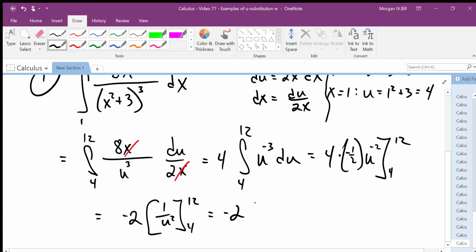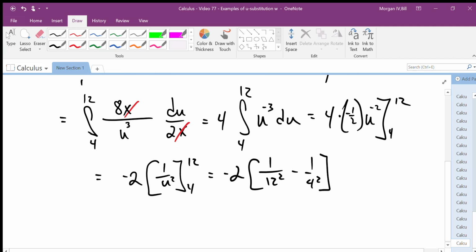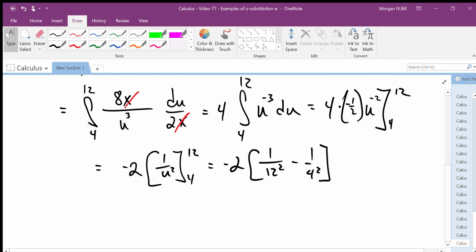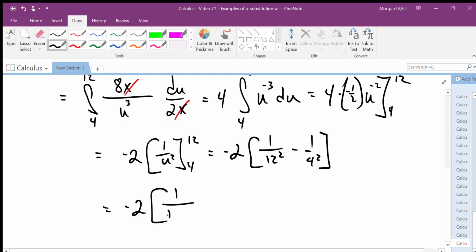So I get negative 2 times 1 over 12 squared minus 1 over 4 squared, which you could put in the calculator, but let me see if I can work this out. That's negative 2 times 1 divided by 144 minus 1 divided by 16. I'll probably have to have some common denominators here, don't I?